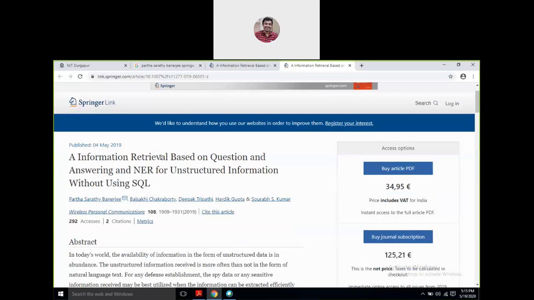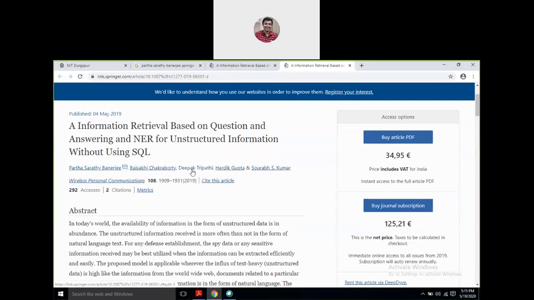By the way, this is the work on which a few people have worked. He is Deepak Tripathi, your senior, who is still at JUET in the final year. He is also in the final year. Saurav S. Kumar is senior to them, a pass out of 2019.